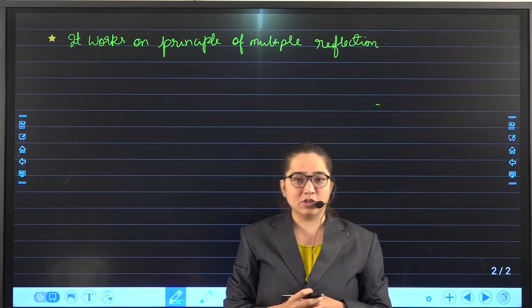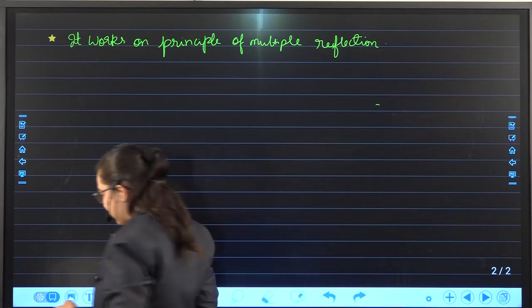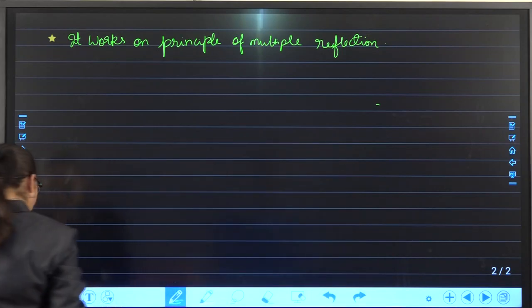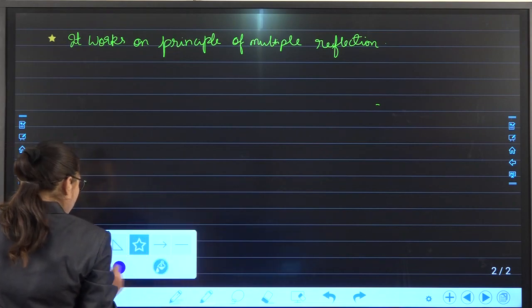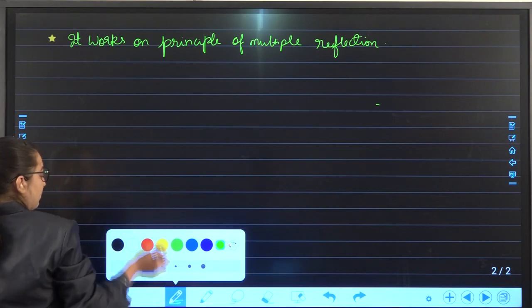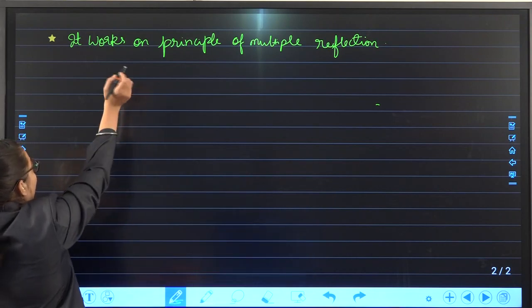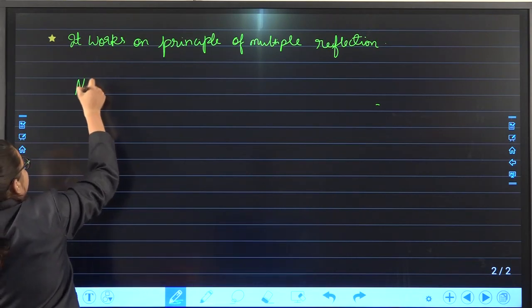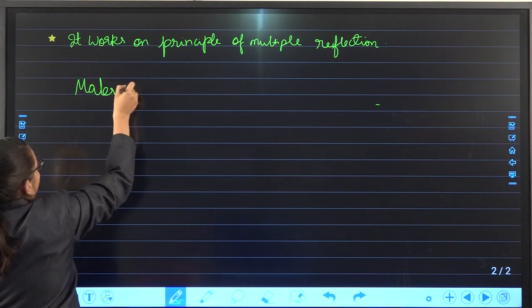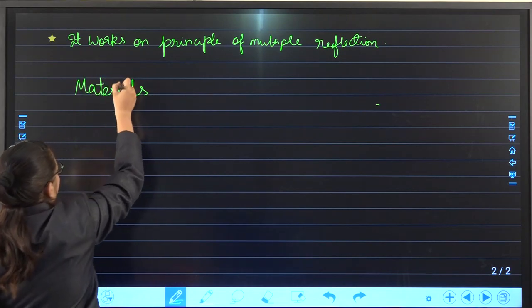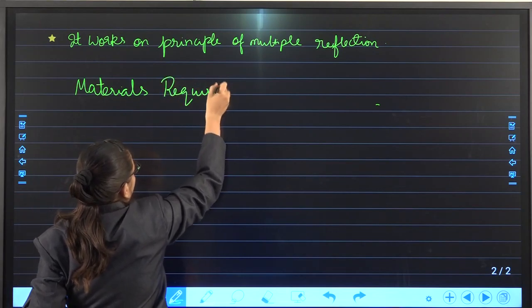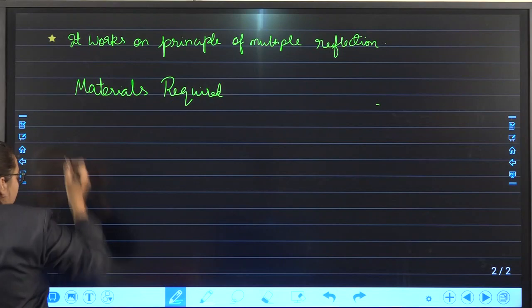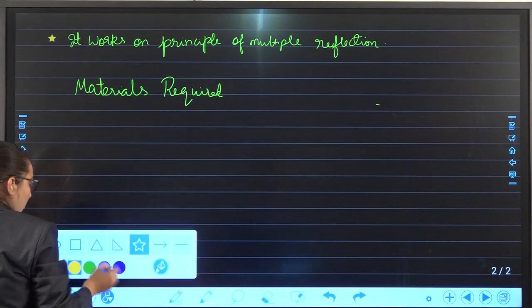Now how is the kaleidoscope formed? That is, how does its construction take place? For that we need to note the basic things which are needed to form the kaleidoscope.